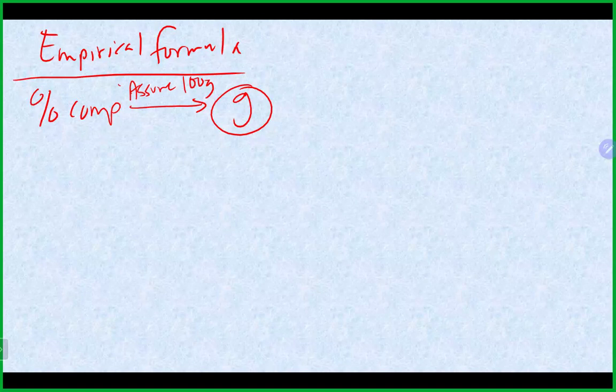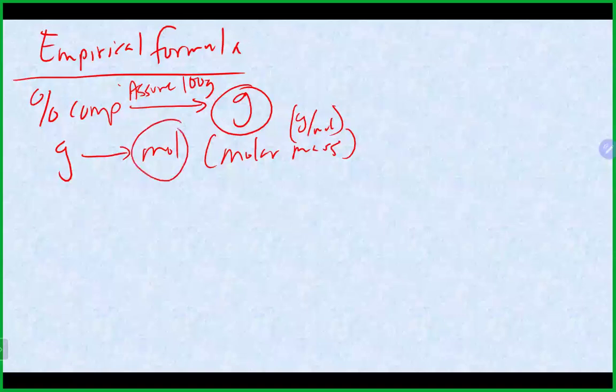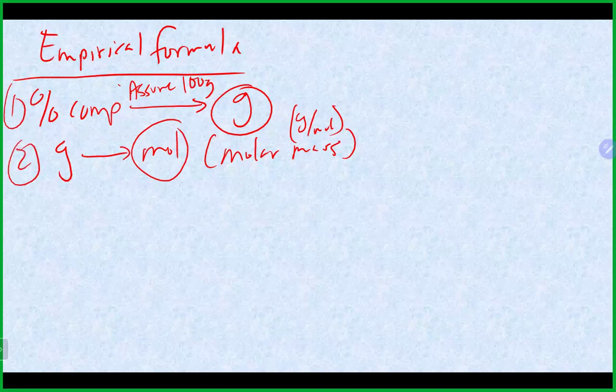numbers the same. Once we have them in grams, we then convert our grams to moles. And that's using our molar mass from the periodic table, which is in grams per mole here. And at that point, we will have basically the moles of each of the elements that are present.